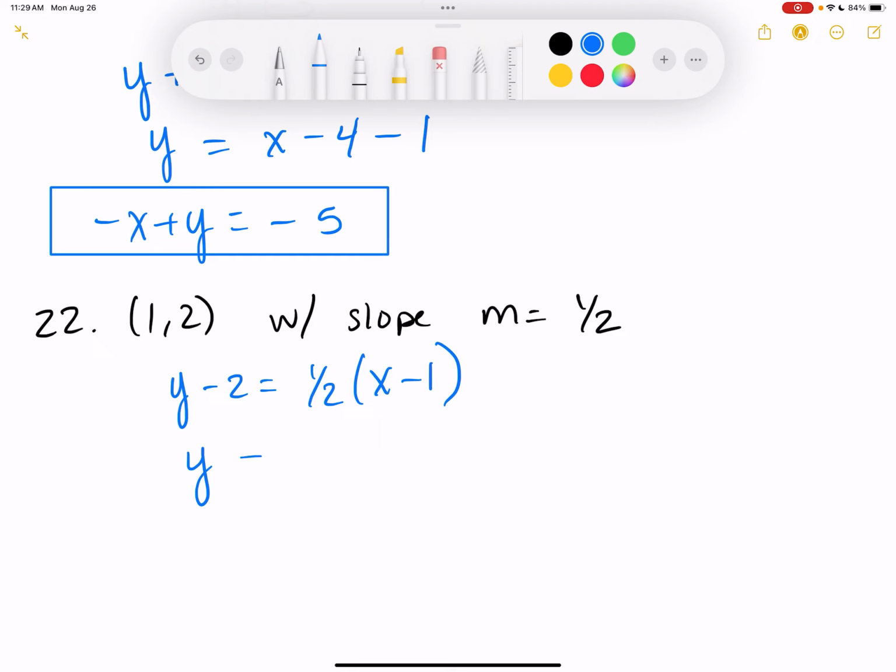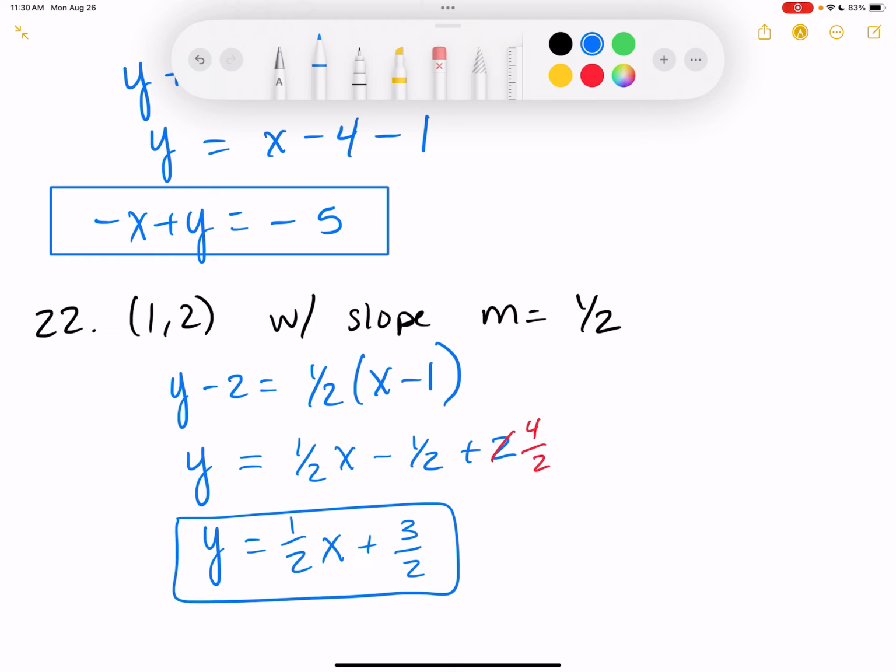So y equals 1/2 x minus 1/2 plus 2. Or I can rewrite that 2 as 4 over 2 so that I have a common denominator. So y equals 1/2 x plus 3/2. And there's your equation of your line.